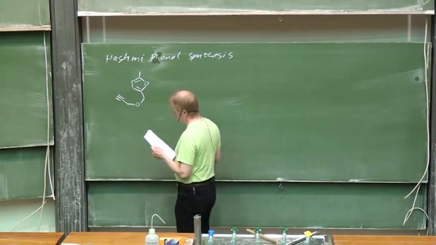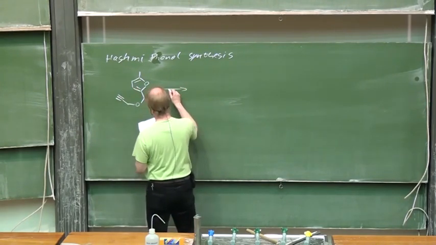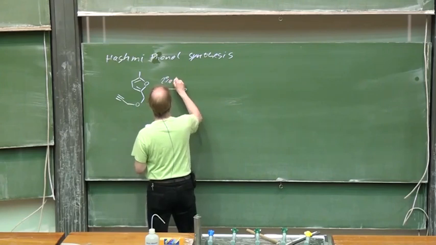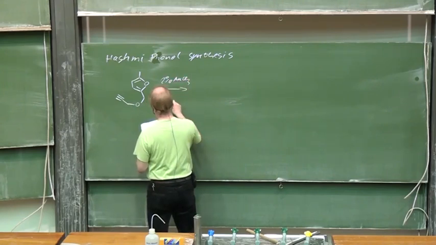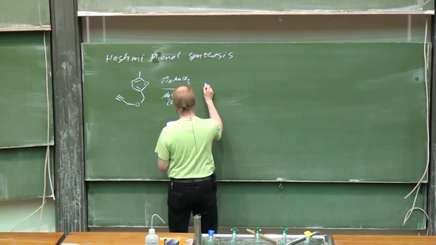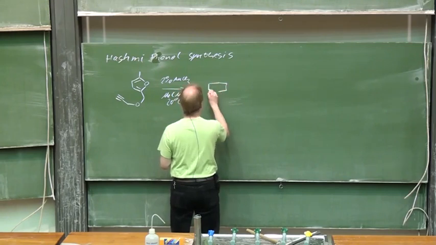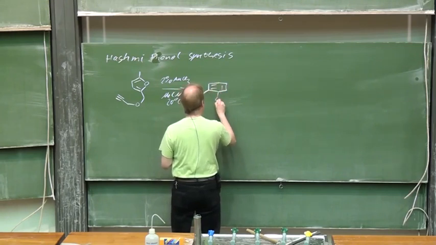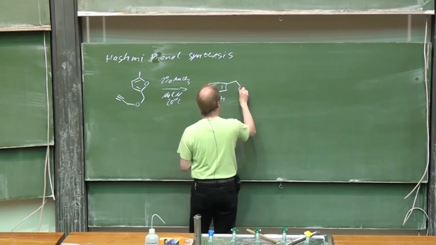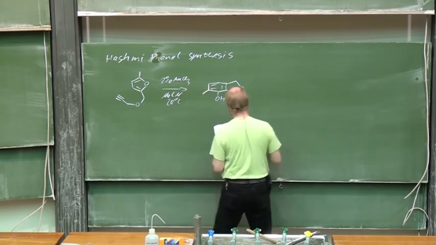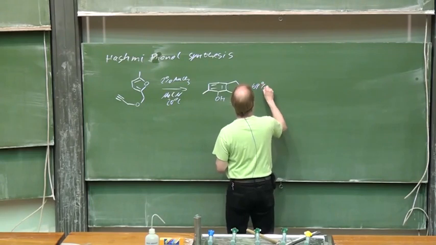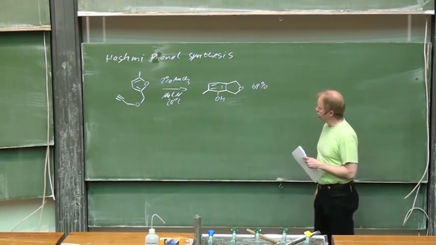This is the model compound, 2% gold chloride, acetonitrile, just room temperature, will deliver the phenol, 69% yield reported for this case.